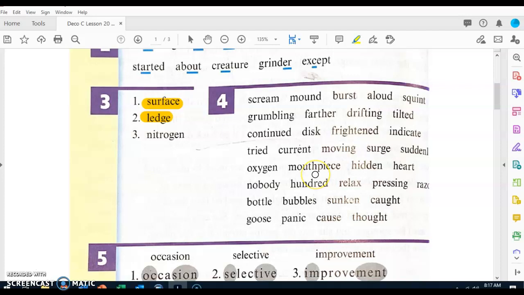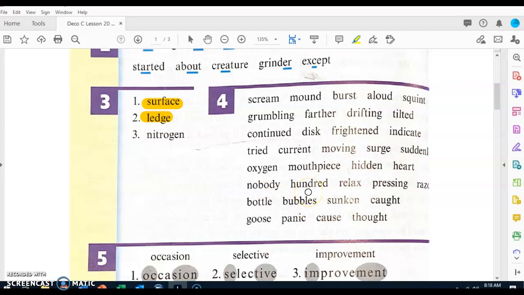Next word. What word? Oxygen. Next word. What word? Mouthpiece. Next word. What word? Hidden. Next word. What word? Heart. Next word. What word? Nobody. Next word.